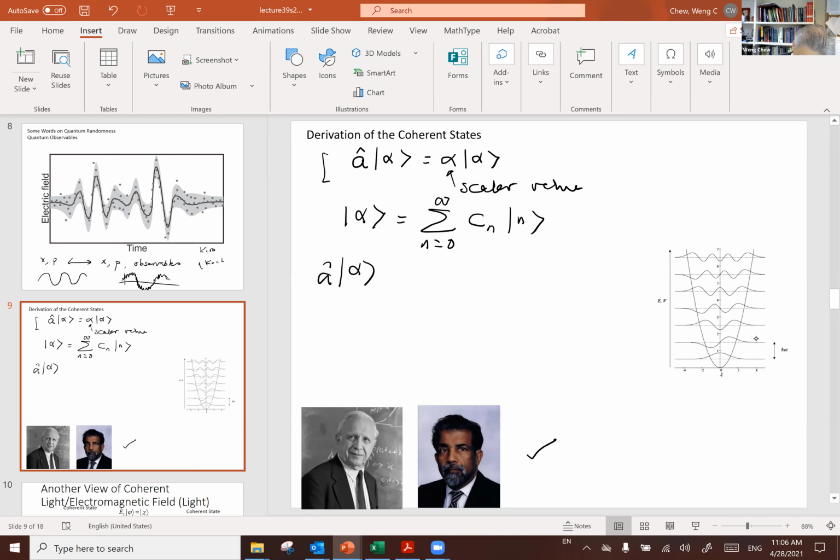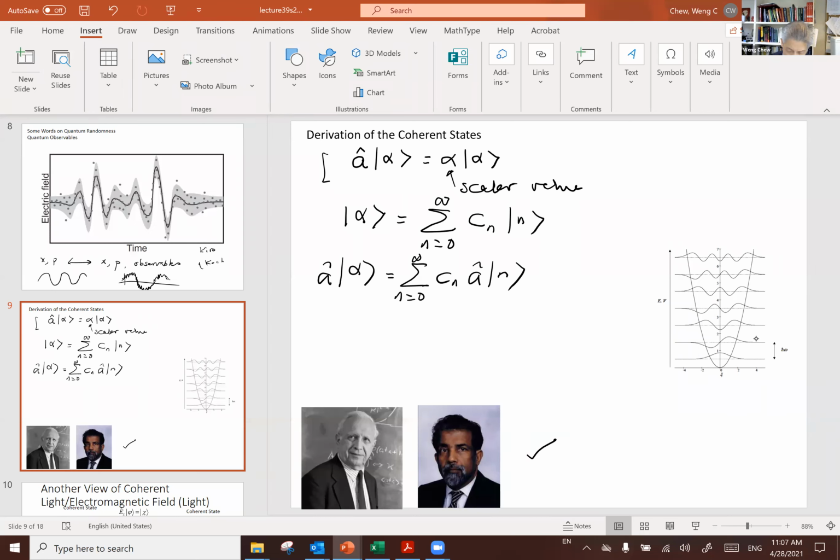Okay, if I were to operate on this summation with the annihilation operator, I would have a hat alpha. Sorry, there should be an n here.